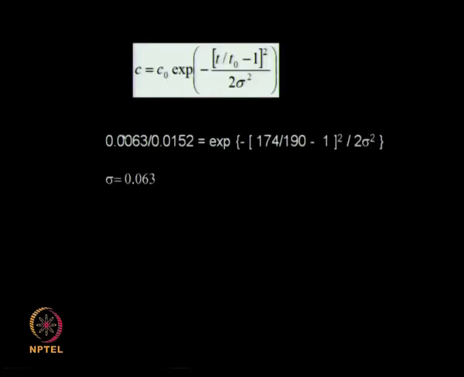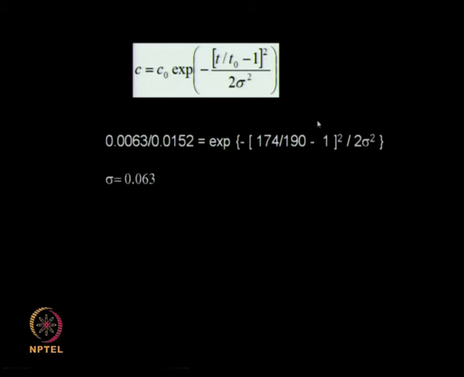So I substitute C is 0.0063, C naught is 0.0152, that will be equal to e power minus T is 170, T naught is equal to 190. So by doing all this the only unknown here is sigma. So from there I can calculate sigma as 0.063. Okay, please remember the standard deviation is sigma into T naught, that is the retention time.